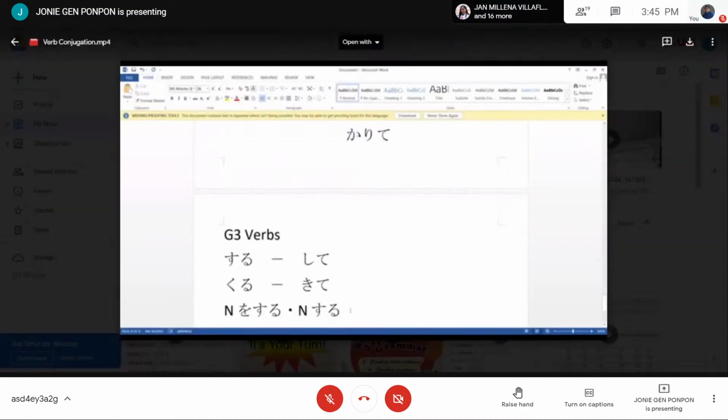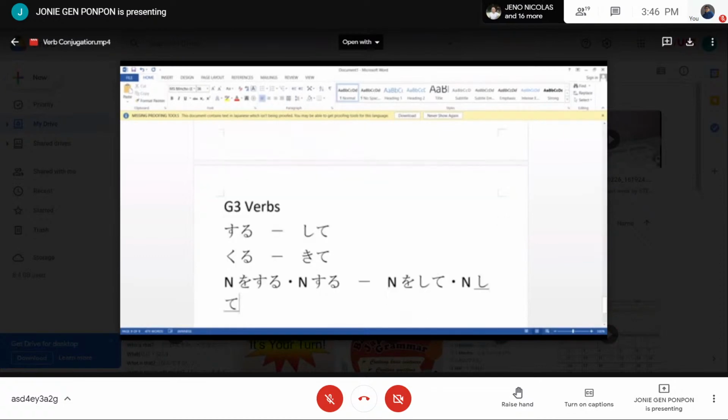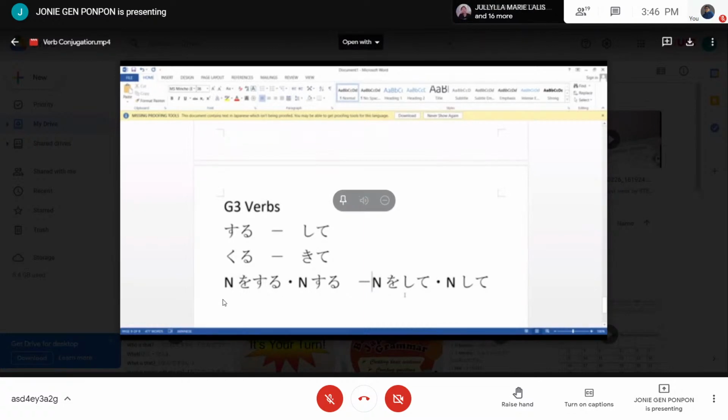And then for the noun o suru, it will become noun o shite or noun shite. Alright, so kapag dadating na tayo sa group 3 verbs, yun lang tatandaan. Wala na siyang rule. So, just memorize those 3. Okay? So, that is how you will convert te form of Nihongo verbs. Okay? So, next, let's go to the ta form.